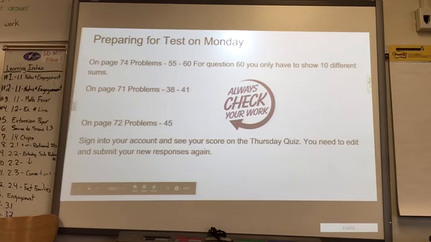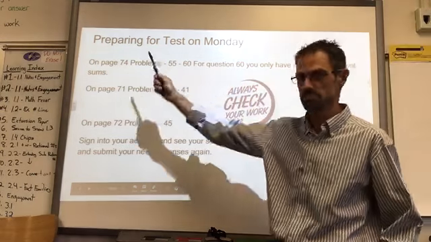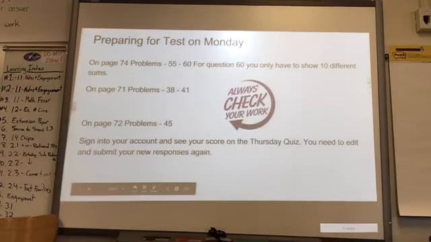Can I check the word on this side? On which? 60? Okay. So if you notice on 60 I said 10 different sums. You have 2 paper clips, right? And you know that you can put those 2 paper clips anywhere.